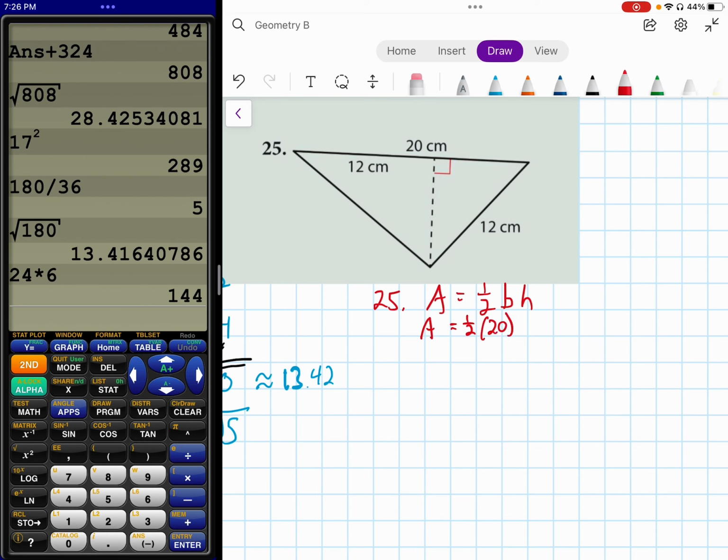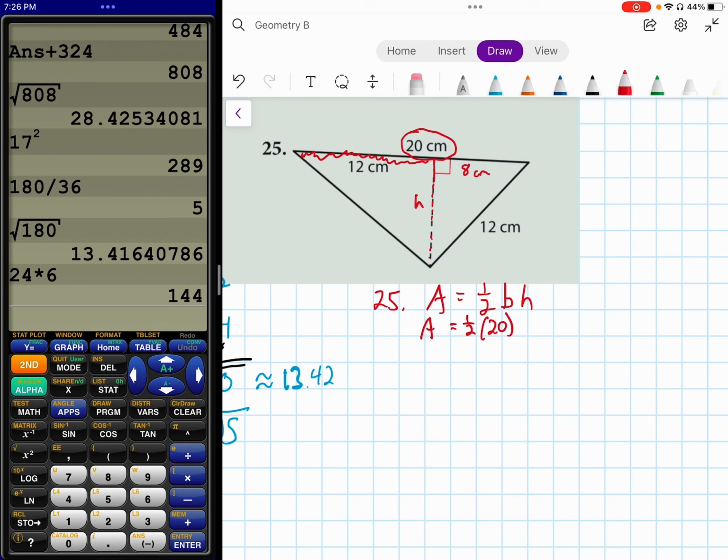The height we need to find. And what we'll need to do is, if this length is 12 and this length is 20, that means this leg over here is 8 centimeters. And so over here is our height.